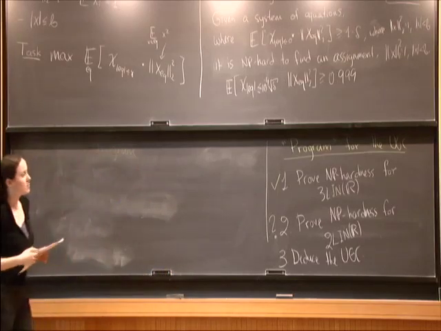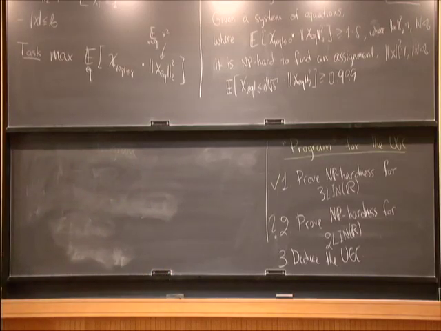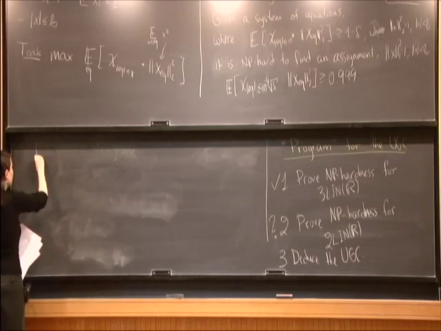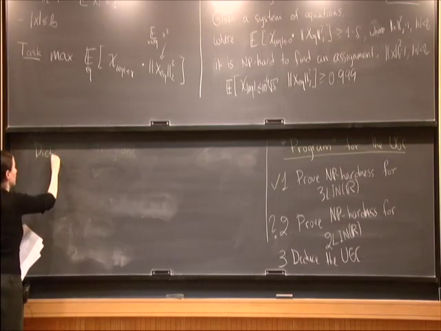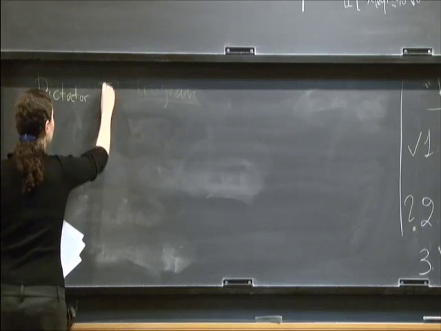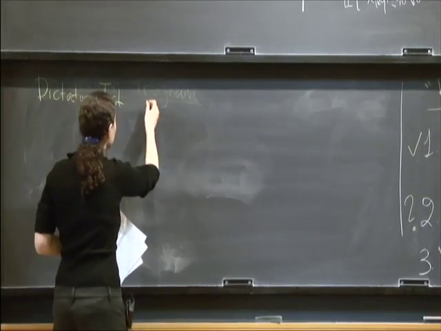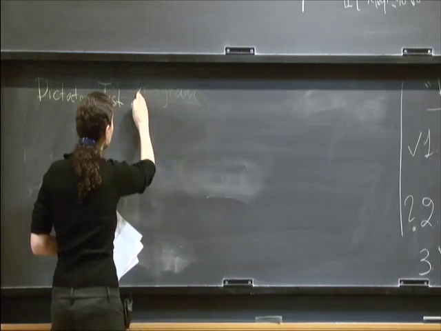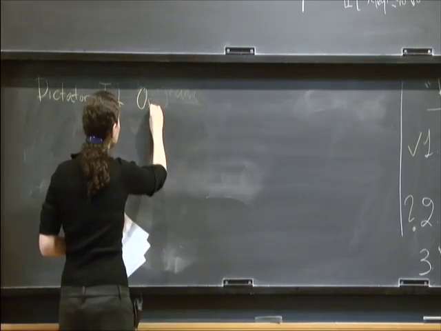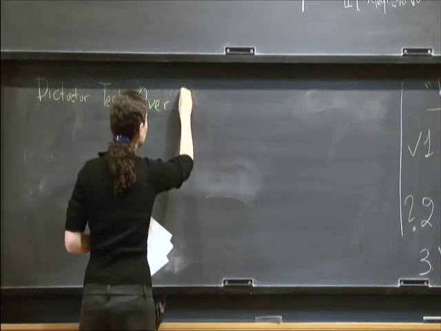So the first step in designing NP hardness or UGC hardness reductions is typically to show a dictator test, in the language of the problem. So here it's a dictator test over reals.